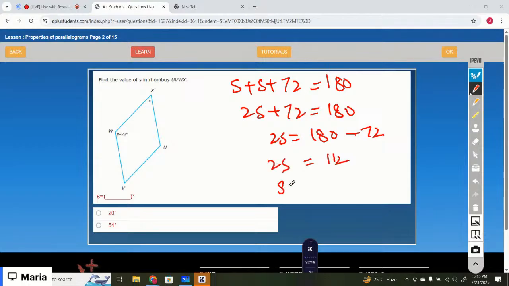That is 112 degrees. So S equals... 180 minus 72 is 108, sorry, not 112.